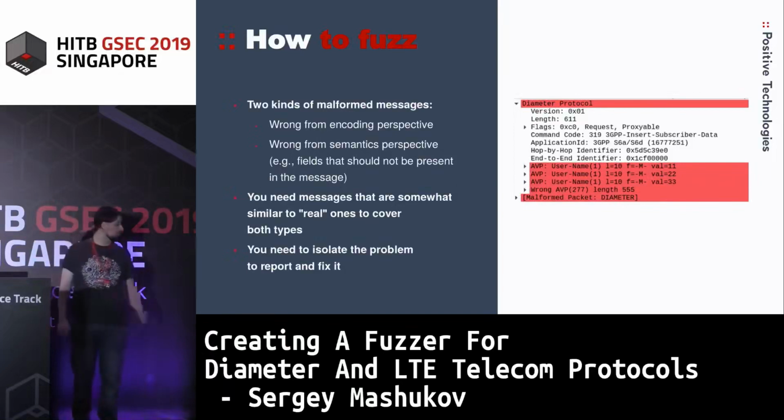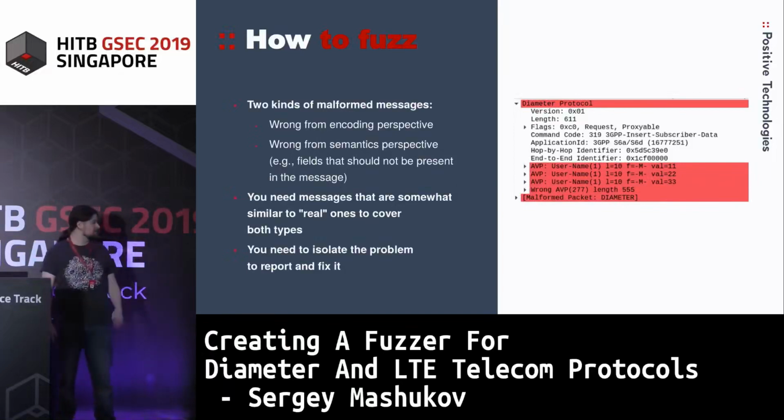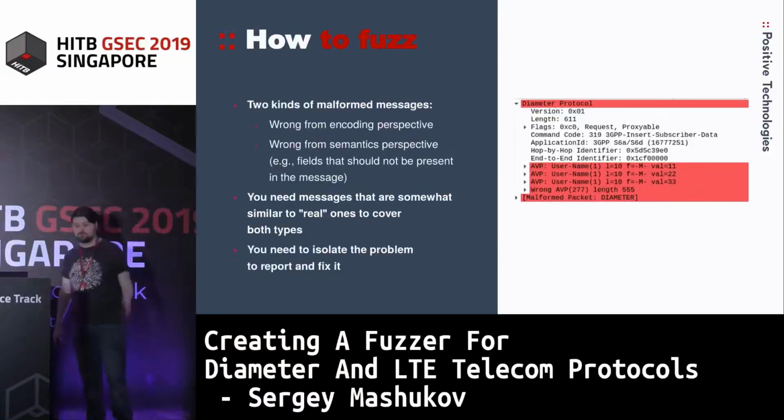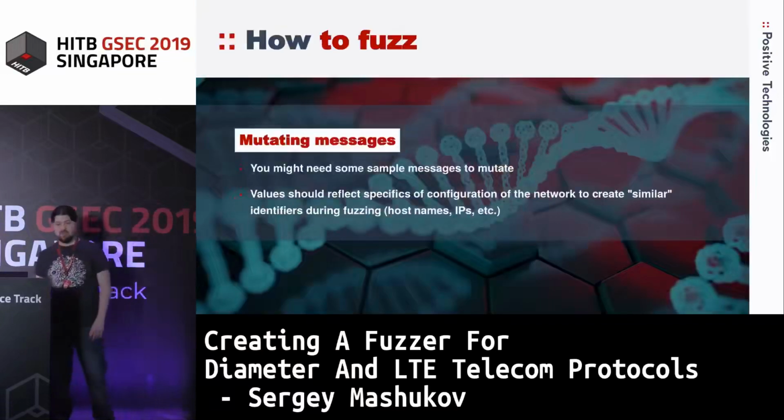So to do the testing, you need messages that are somewhat similar to real ones, and for this, you can ask the operator to provide these messages. And one thing to always remember: it's not enough to say, okay, it crashed. You need to isolate the problem.